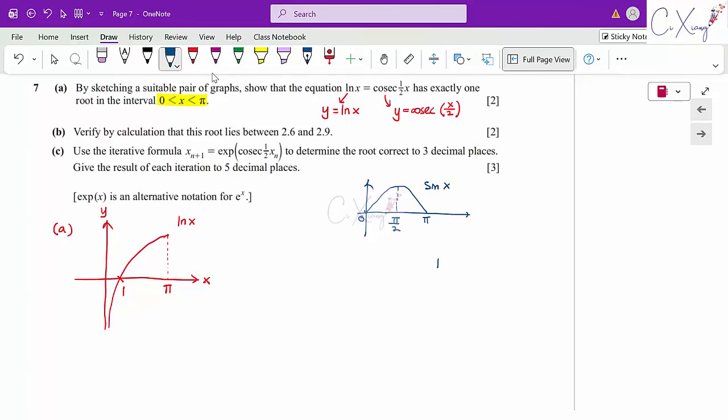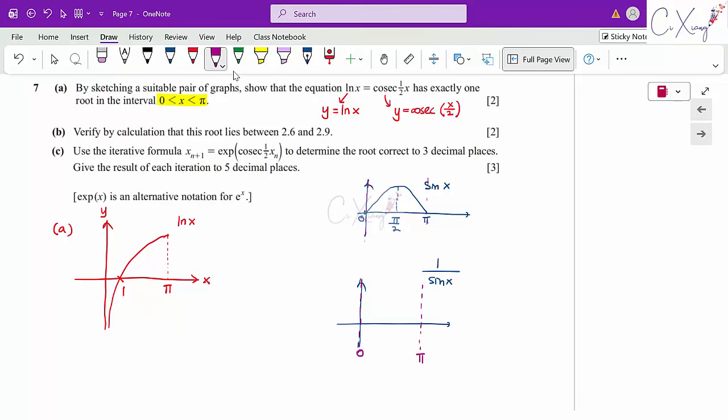When I want to draw 1 over sine x, my graph will become something like this, where at the line y equals 0, these two lines become the asymptotes. So I have asymptotes at this point and also this point for the cosecant graph. This is pi, this is 0, and it will become an asymptote here.